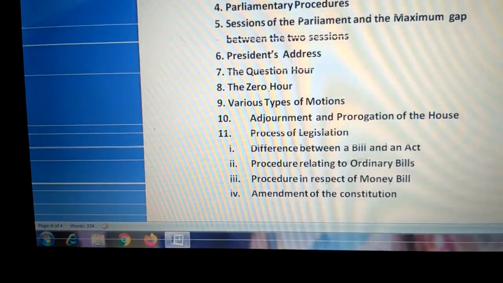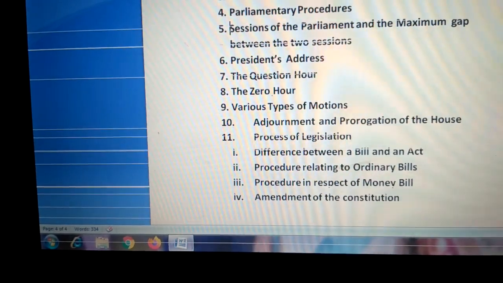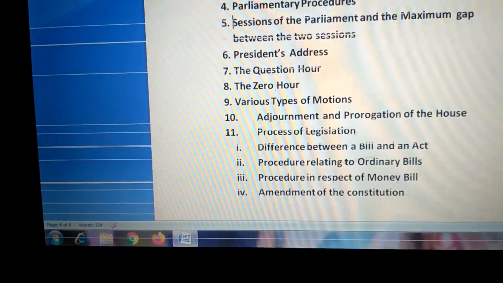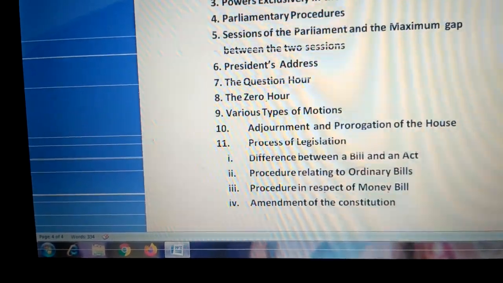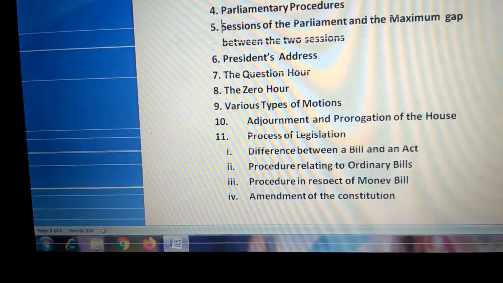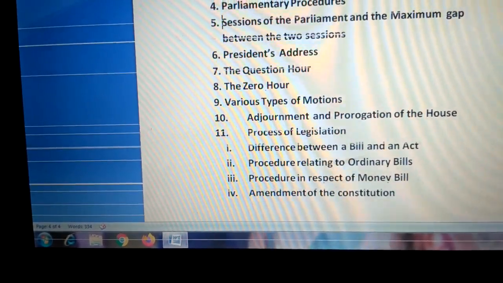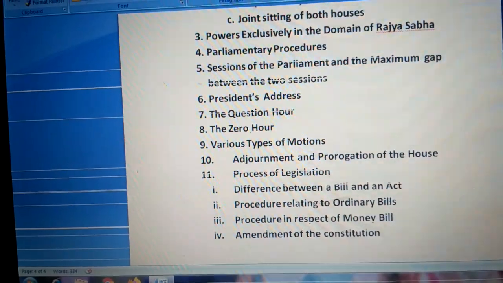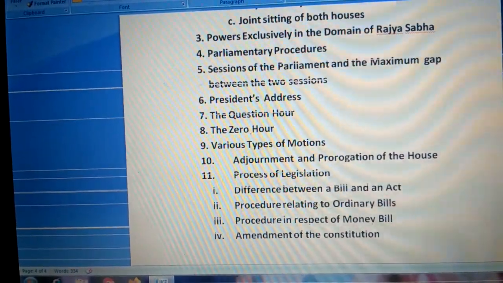A session means a period during which the house meets to conduct its business. The sessions of each house of the parliament are summoned by the president. Who summoned? The President. And this is subject to the condition that 6 months shall not intervene between the two sessions.